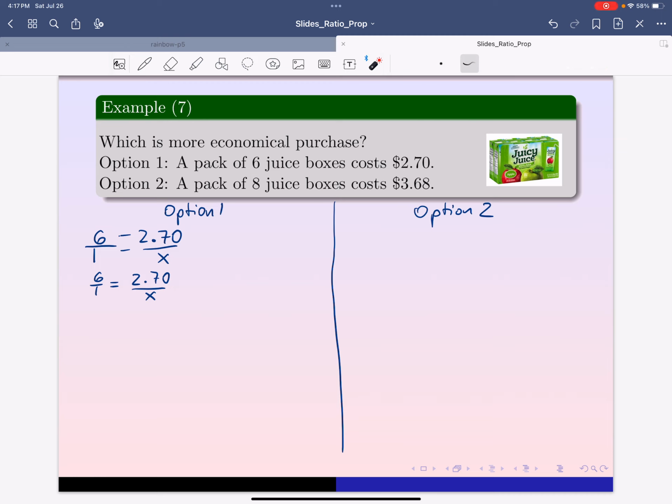As before, we cross multiply. 6 times x is 6x, which is equal to 1 times 2.7, which is 2.7. To solve it, we will divide by 6.